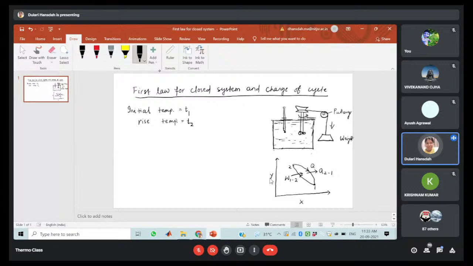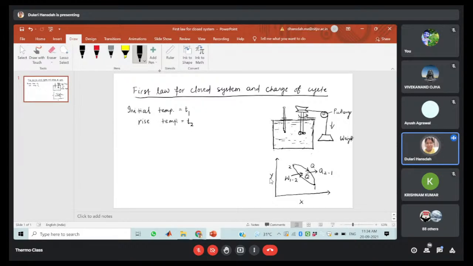So when both energy transfers are there, we can see that here it is the complete cycle. So the system will execute a cycle which consists of a definite amount of work transfer, or work input to the system, and there is also heat transfer of a definite amount.